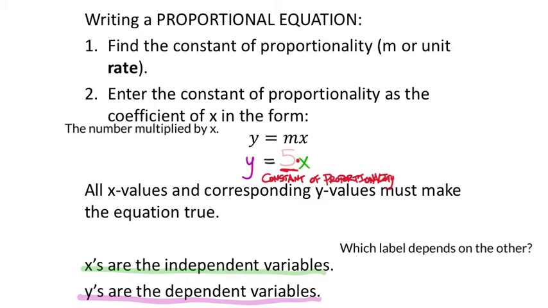As soon as you determine which one that is, then you know which one is dependent. That may take several readings and rereadings before you can make that determination. The reason we need to know that is so that when we go to write our equations, we know which value is x and which one is y as well.